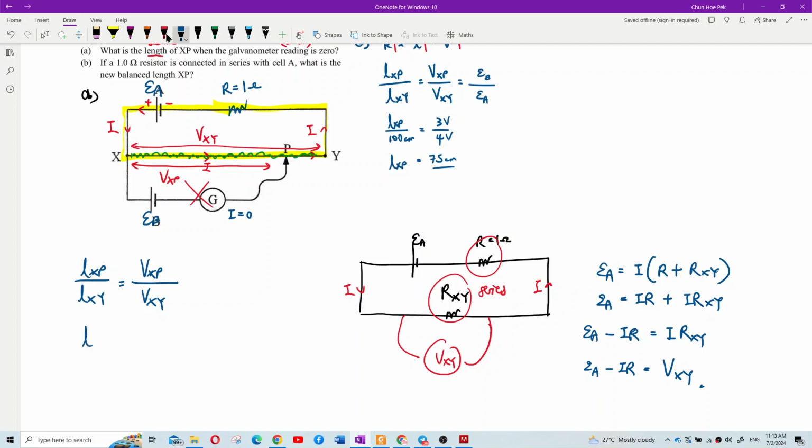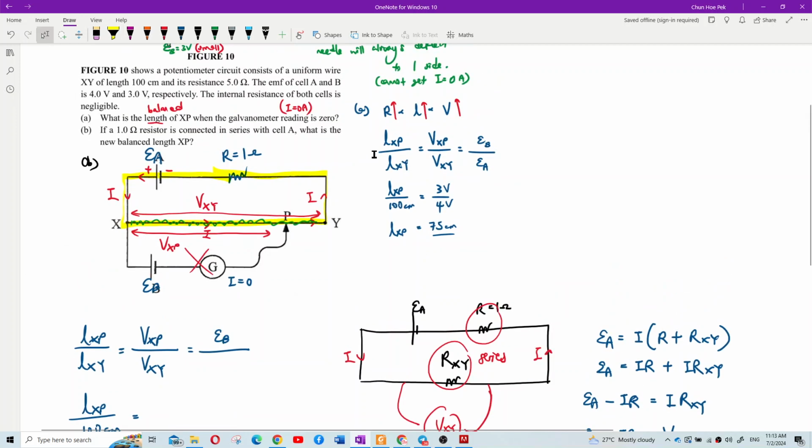Now I want to find LXP, the new balance length, over the whole length of 100 cm. Now voltage XP is still EMFB. Voltage XP is still EMFB. But voltage XY is now no longer the same.